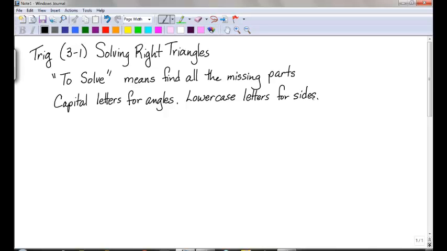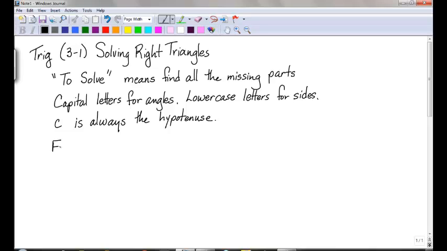And if they use A, B, C, C is always the hypotenuse, the side opposite the right angle. So the lowercase c is always the hypotenuse. And those we've already talked about before.